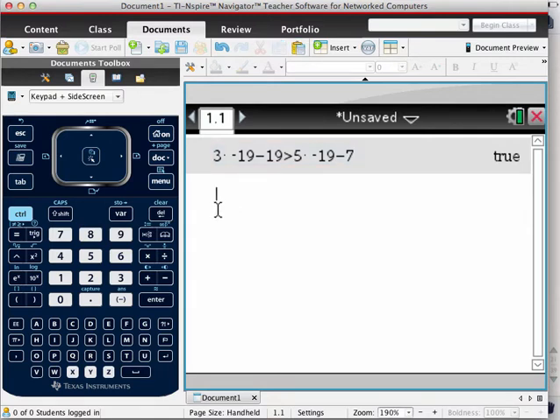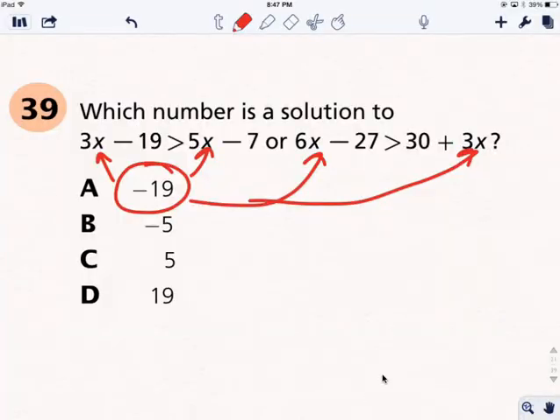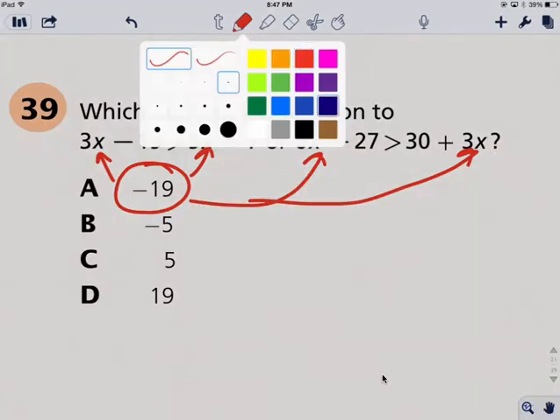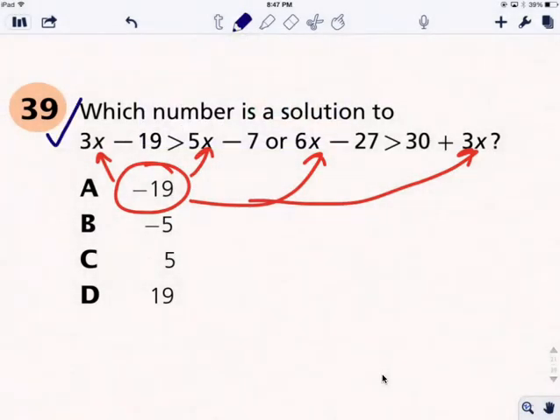Now let's go ahead and test the second inequality. So 6 times negative 19 minus 27 greater than 30 plus 3 times negative 19. False. Okay? So negative 19 works for the first inequality, but it does not work for the second inequality.